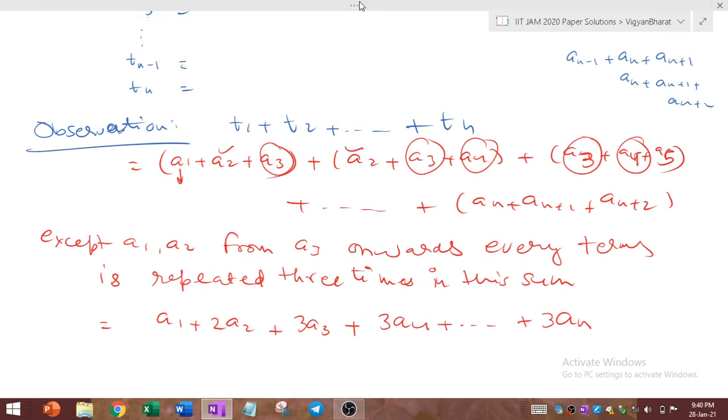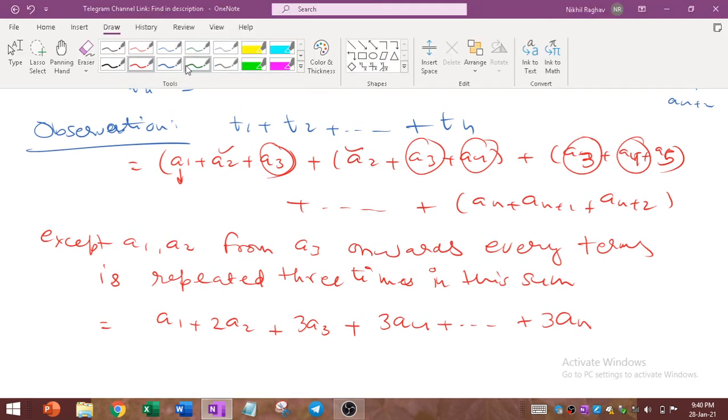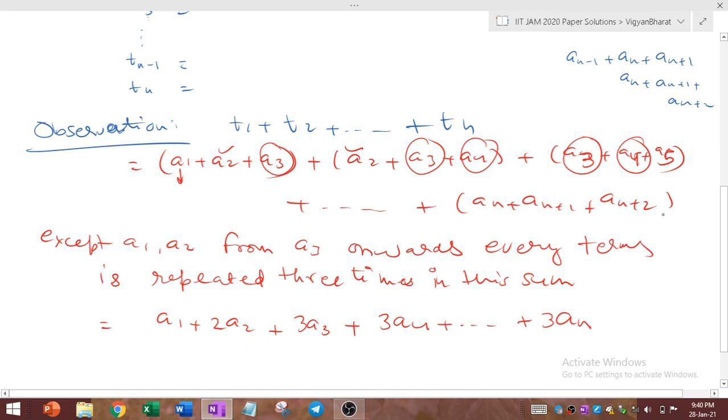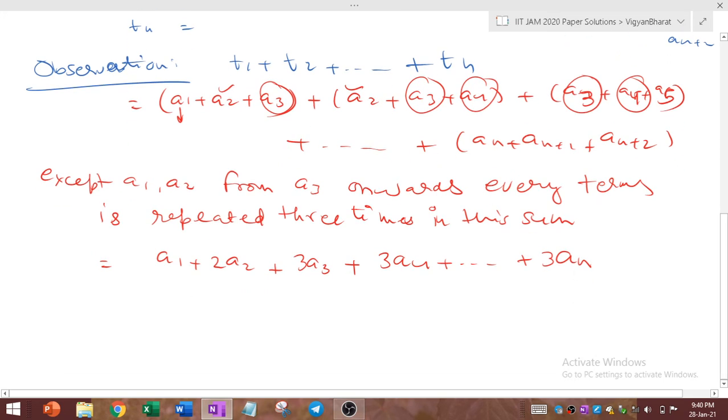Now I'm going to rewrite this expression nicely. What is left, I can rewrite as 3A1, 3A2, 3A3, 3A4 till 3An.